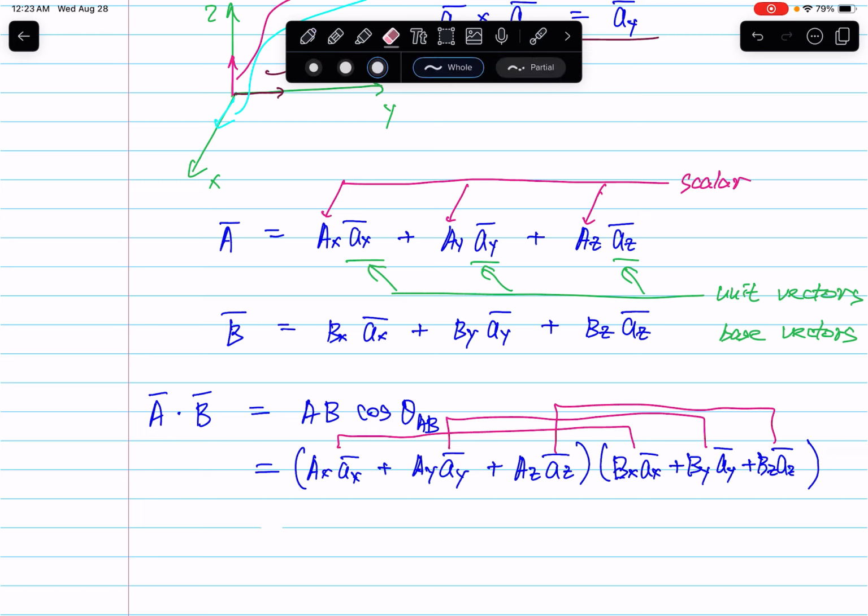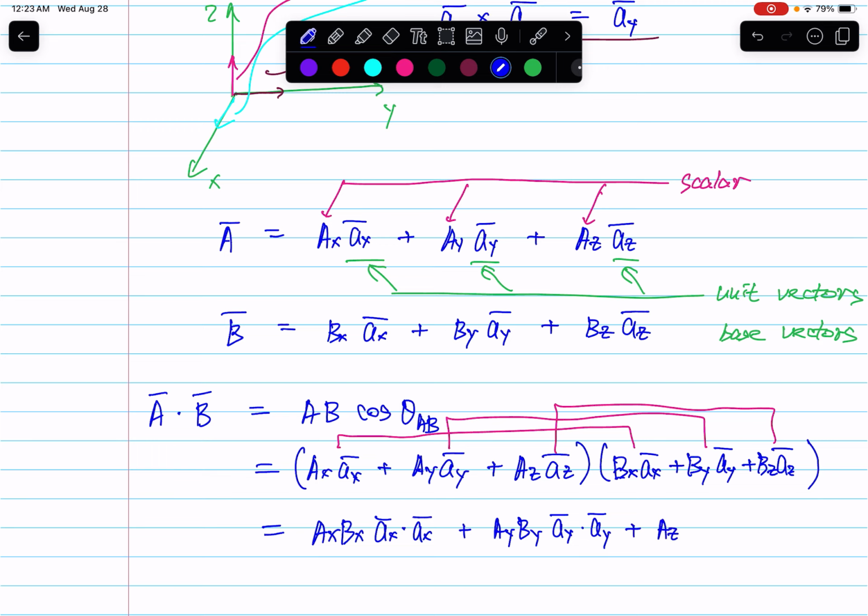Okay, so in other words, the result is AX BX, ax dot ax, plus AY BY, ay dot ay, plus AZ BZ, az dot az.